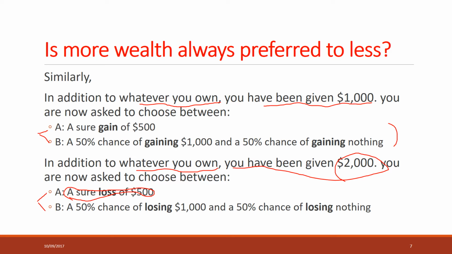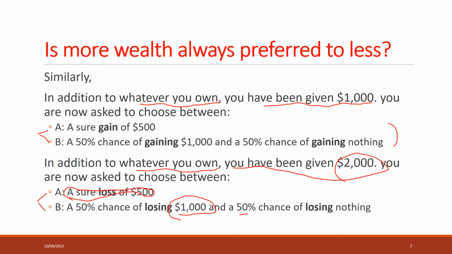For option B, we have a 50% chance of losing $1,000, but a 50% chance of losing nothing, right? So the researchers set up these two experiments and they asked the participants to decide which option they prefer in each of those sets of options.